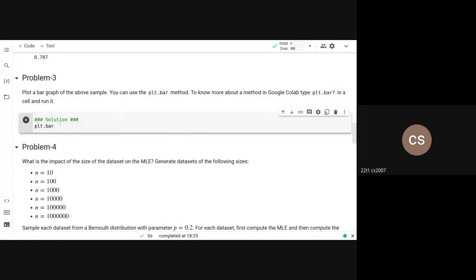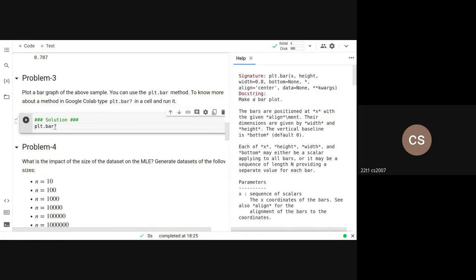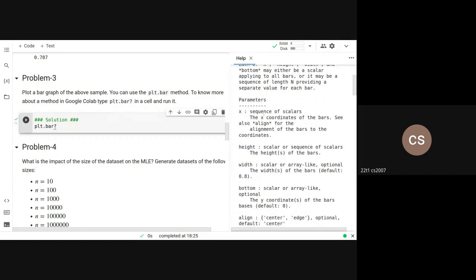Sometimes this works, but if it doesn't, the question mark will always work. If you type the method and enter a question mark, you will get what the function is, what the arguments and parameters are, and so on. So let's look at the parameters for a bar graph.